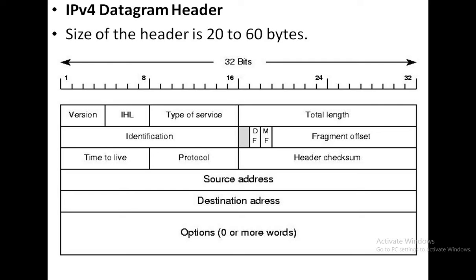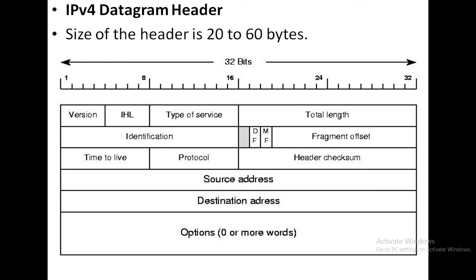So how to calculate the header length? If the field value is 5, then the header length is 5 into 4, equal to 20 bytes. In this way we can calculate the header length.